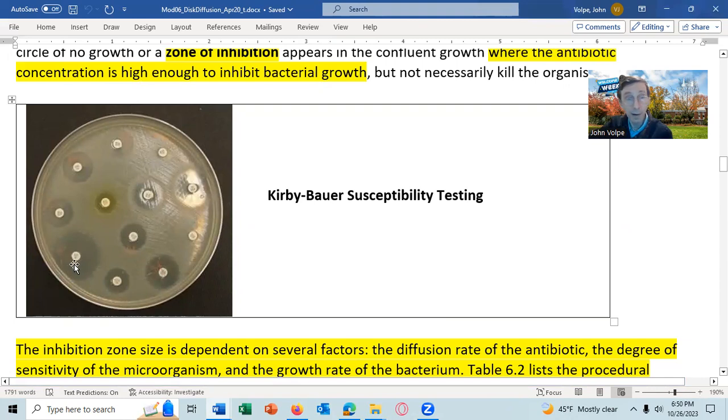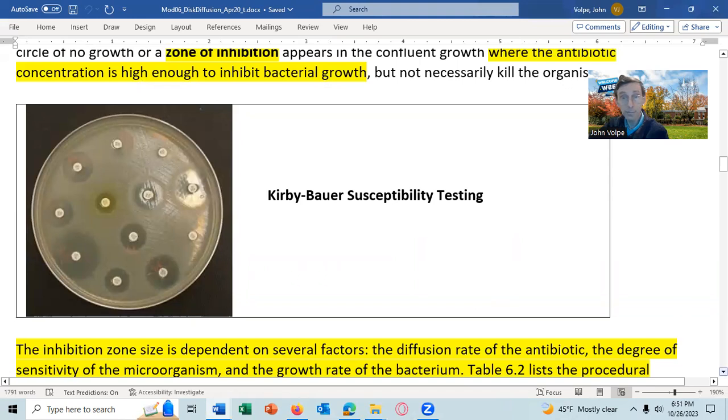It could be it's the smallest antibiotic, so it diffuses further than, let's say, that antibiotic or that antibiotic, which are much larger. So to determine the sensitivity of the bacteria to the antibiotic, you have to consider the diffusion rate of the antibiotic, the degree of sensitivity of the microorganism, and the growth rate of the bacteria.